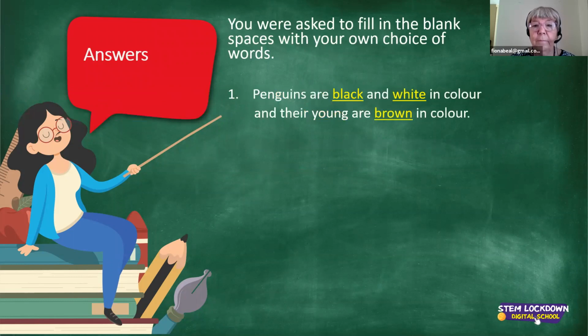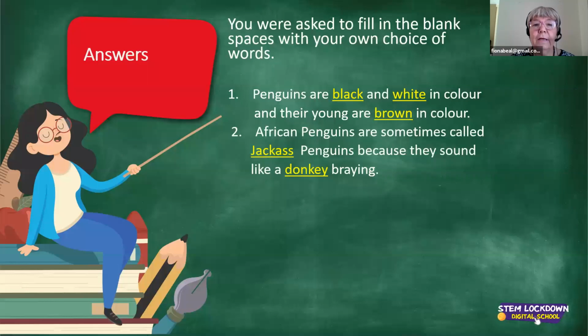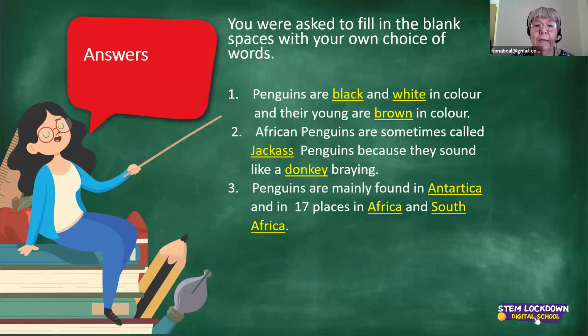Okay. Penguins are black and white in color, and their young are brown in color. Did you get that? Good. Number 2. African penguins are sometimes called jackass penguins because they sound like a donkey braying. Did you get that? Number 3.